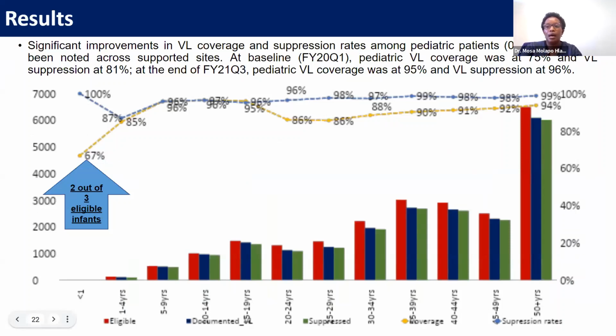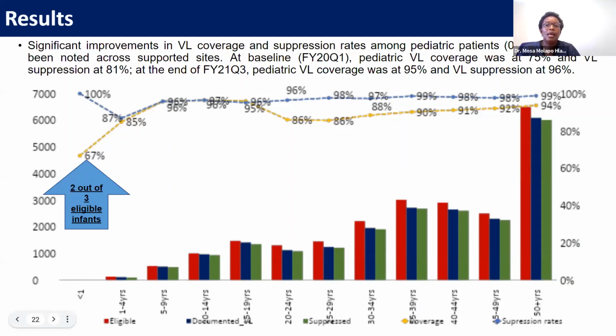And just again, to give a snapshot of results per age group, we have also noted improvement across the age groups also. At Q3 of FY21, for pediatric clients, the viral load coverage was at 75%, and this was due to one client not having had monitoring performed because the DBS sample had not been assessed as yet.